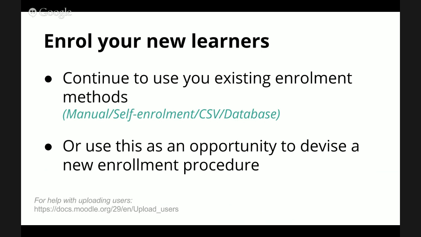So if you're using manual enrollments, you can continue in this method. If you're using self-enrollment, you can continue to use that. If you're already using CSV files, great, or maybe you've got some external database enrollments already. So whichever method you're currently using to enroll your users, you can continue in that same vein, or if you're not, this is a perfect opportunity to look at new ways of enrolling users.